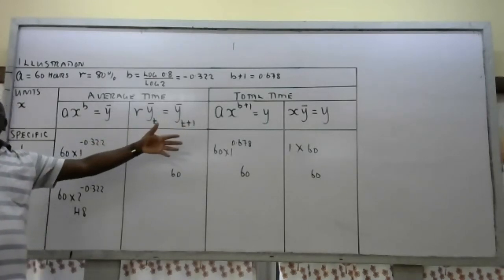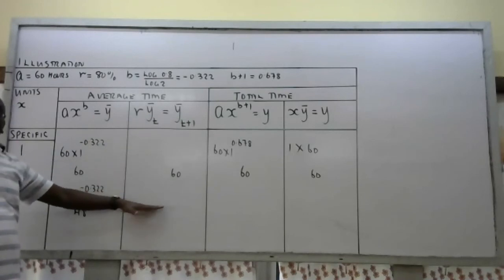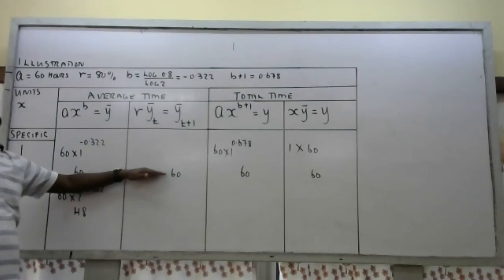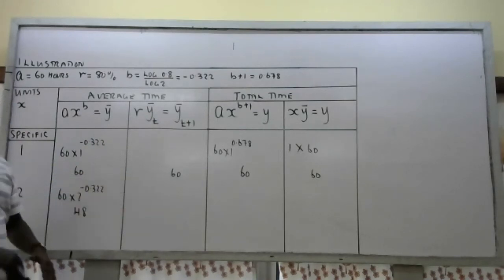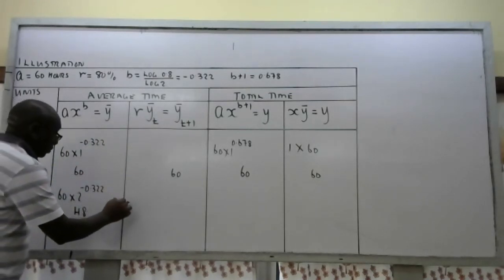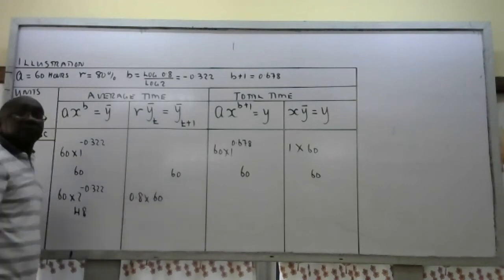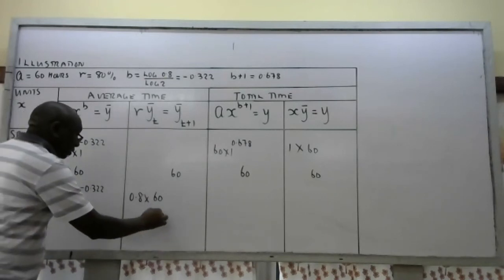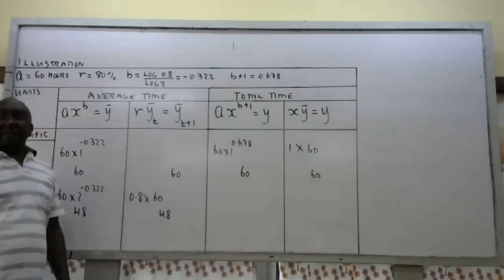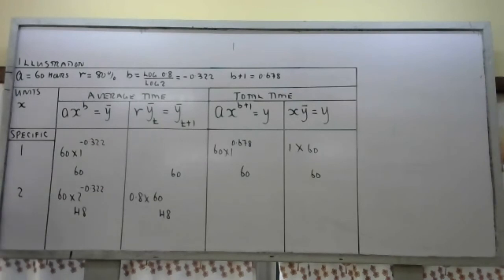The meaning of this is, for you to get the one that you want, you take R multiplied by the one that was above it. So it will be R, which is 0.8. The one that was above is 60. And the answer is what? 48. That's the meaning.